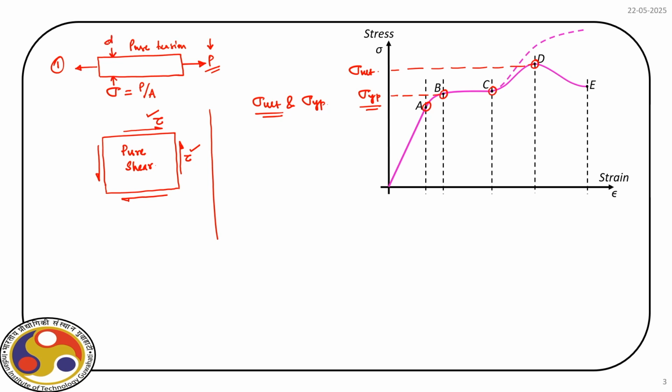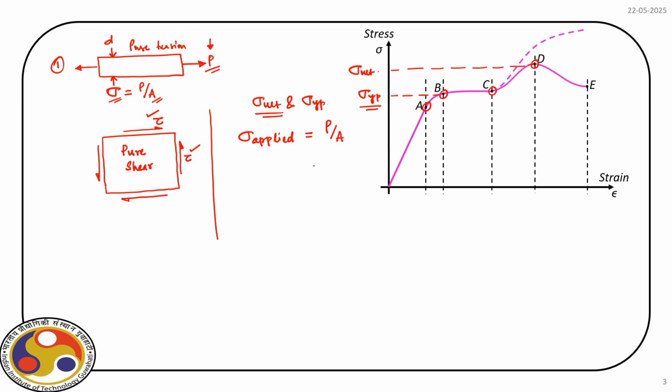Say D is the cross section. So, the moment we propose the cross section, we can actually estimate what is A, and because we know demand, we can estimate how much stress the material is going to face. Now, this stress is what we called applied stress, right. So, this is equal to P by A.